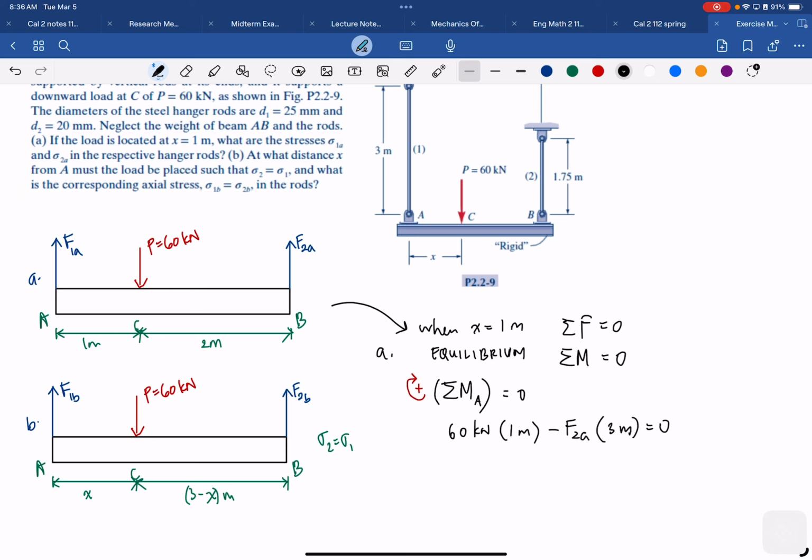Okay, so we get the second one, the same idea, but now the diameter is 20 and the force is 20 kilonewton.